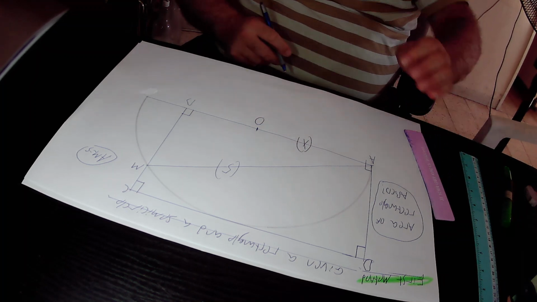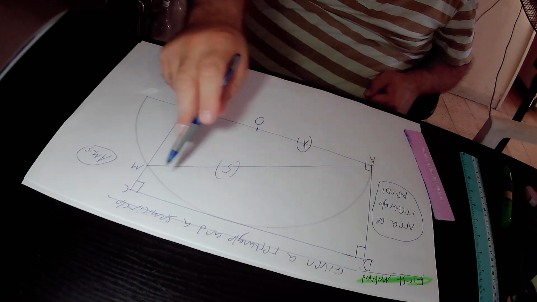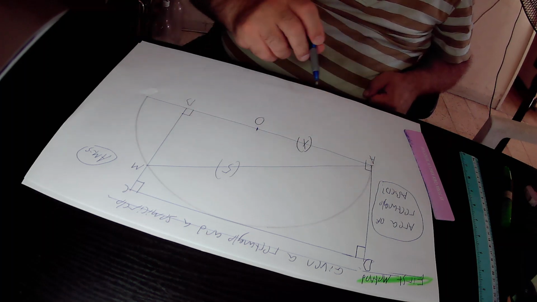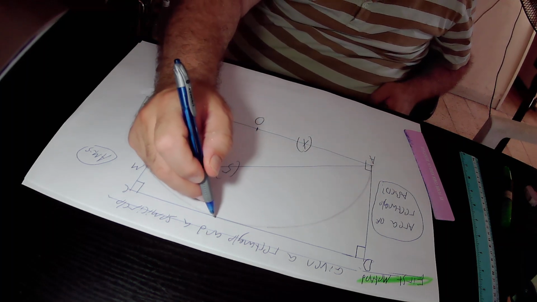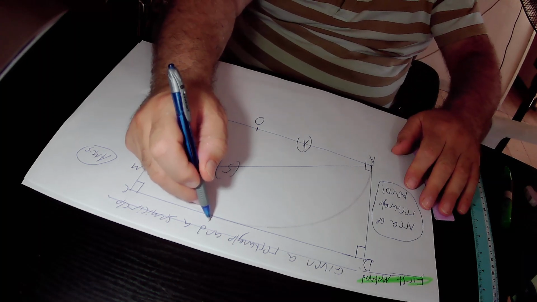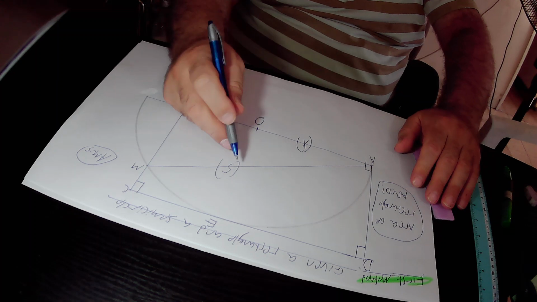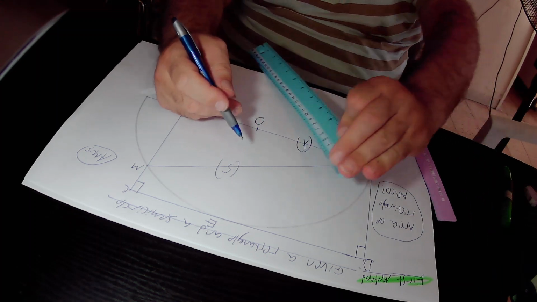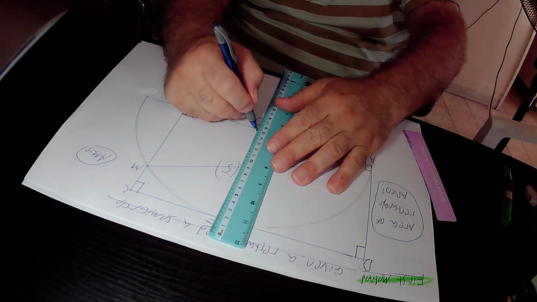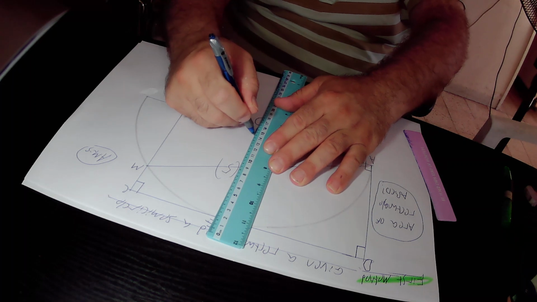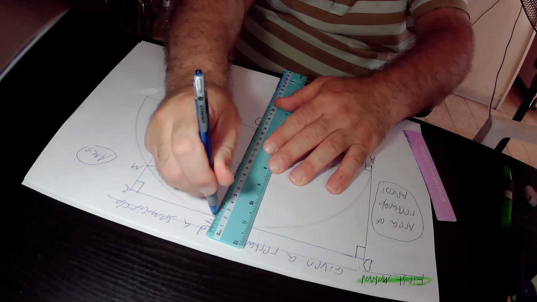In the next step, we'll define the point of tangency of tangent DC with this semicircle. This point is point E. And we'll join points O and E together by a straight line. What is the definition of line segment OE?